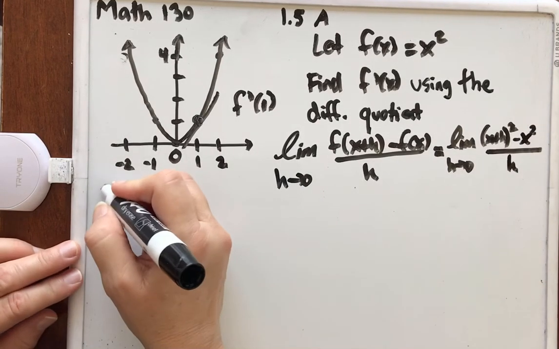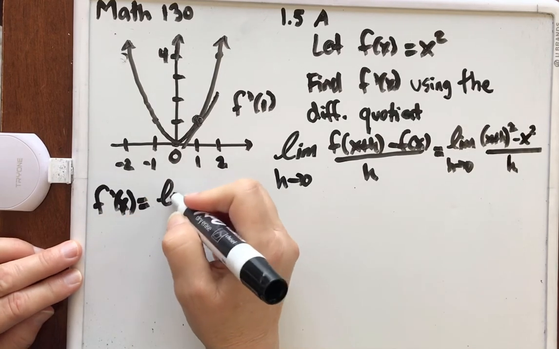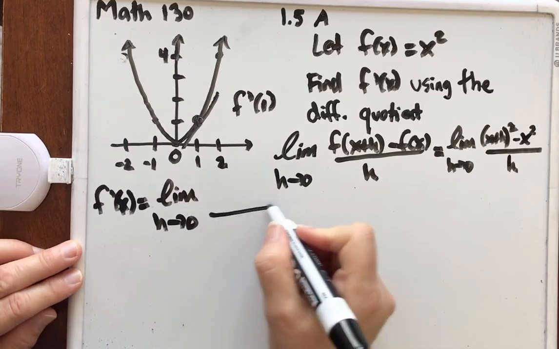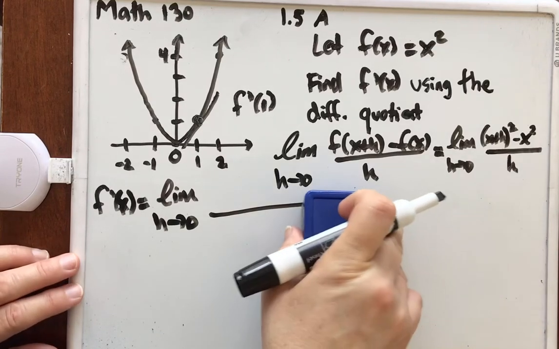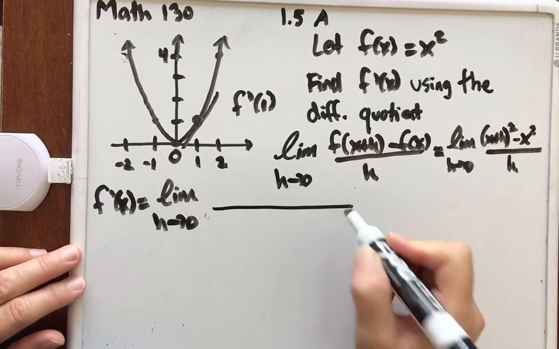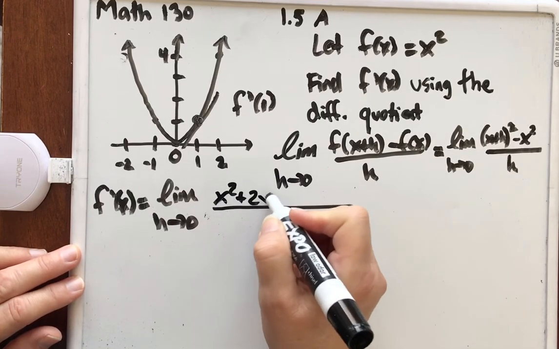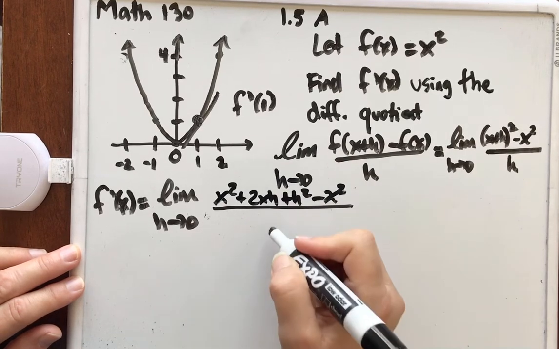Okay, so let's continue. f prime of x equals the limit as h approaches 0. And now we're going to go ahead and FOIL that. So we're going to write out the numerator, which is x squared plus 2xh plus h squared minus x squared over h.